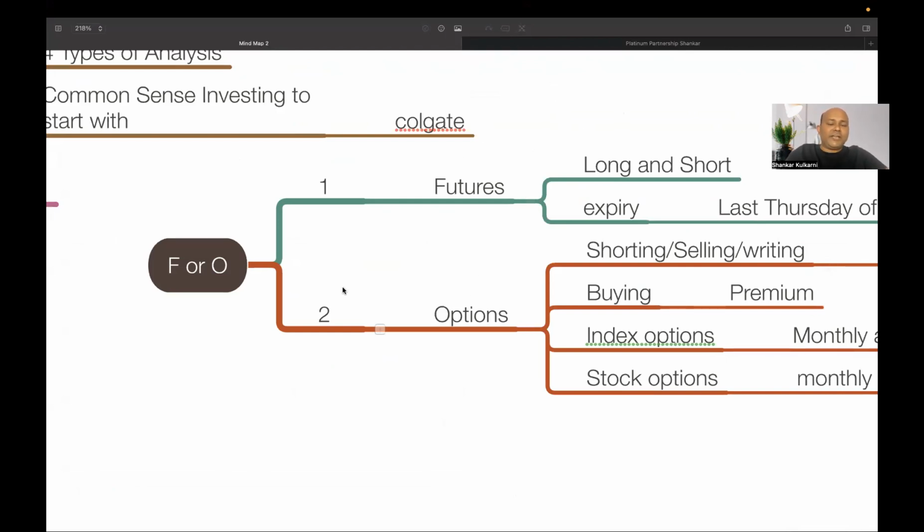Options, on the contrary, for buying, you will need lesser money. The capital required for futures buying or selling and options shorting will almost be the same.